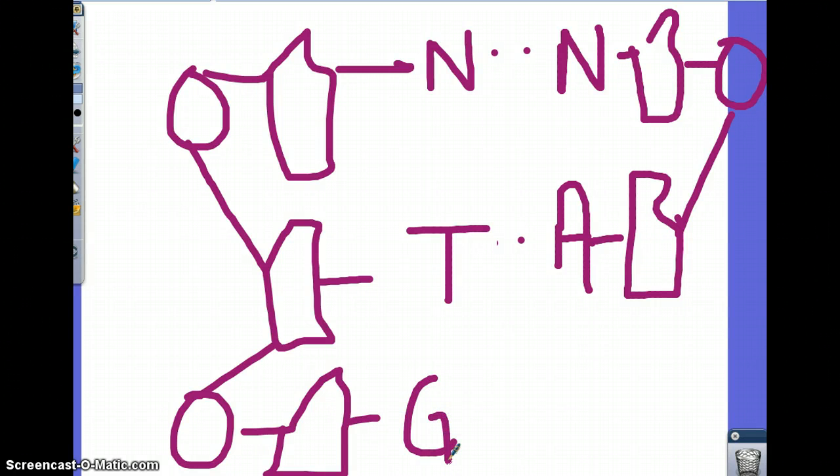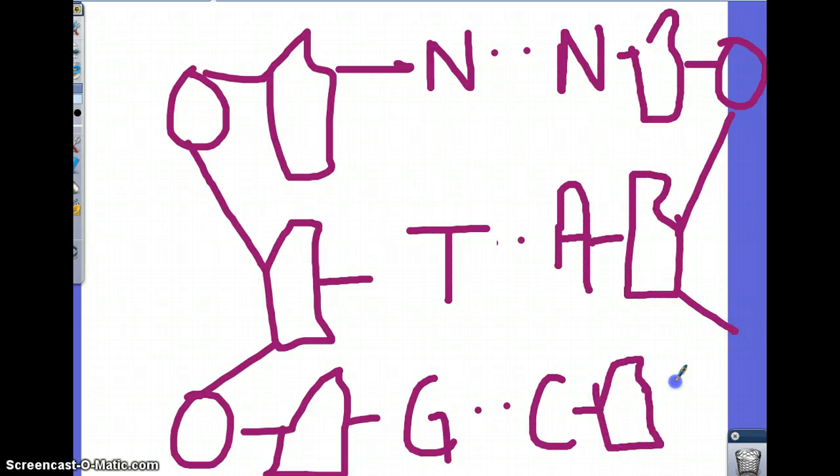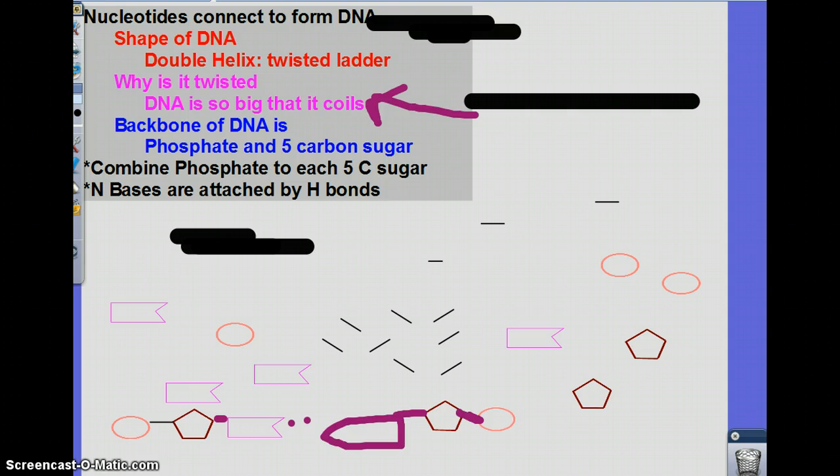What comes next? Hydrogen bonds. Then comes C, attached to a 5 carbon sugar, which is attached to a phosphate. What are H bonds? What did I teach you before?